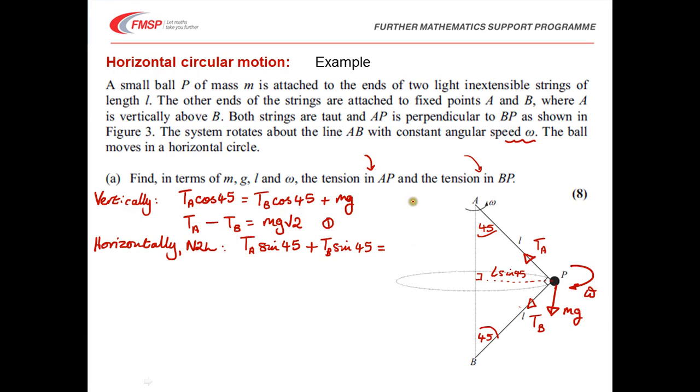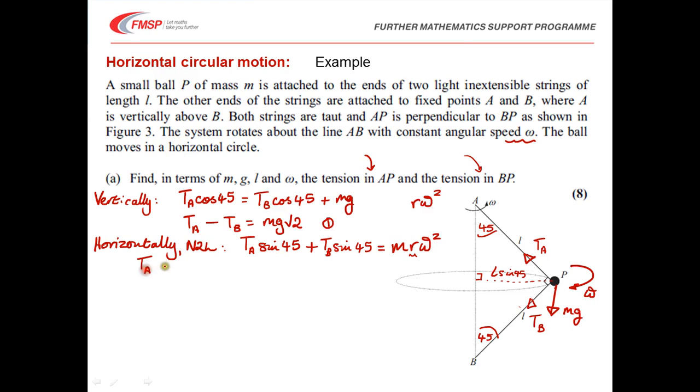So we're going to use the r omega squared version of the acceleration towards the centre. Using Newton's second law, resultant force towards the centre is mass times acceleration, and we can also replace our radius here with L sine 45. I'm also going to multiply both sides by root 2 because I know that my sine 45 here is 1 over root 2.